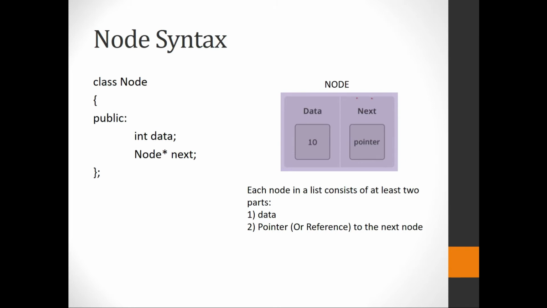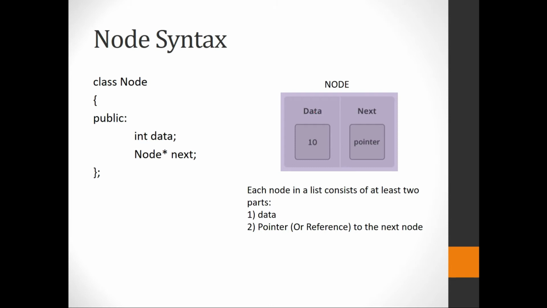Now, this is a node. You have your data part, you have your pointer part. Now, how do I write the syntax? You can see here, you have a class and then you can have a class name which is named node. Instead of class, you can use a structure also. Since I have used class, I should use an access specifier. I am using public.